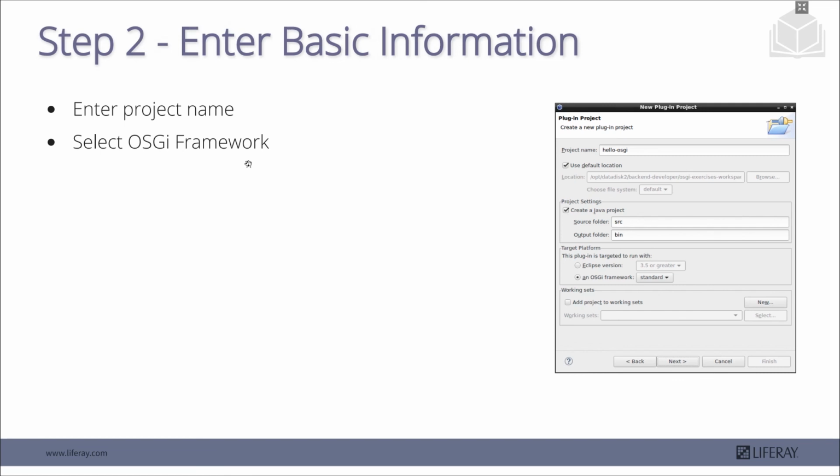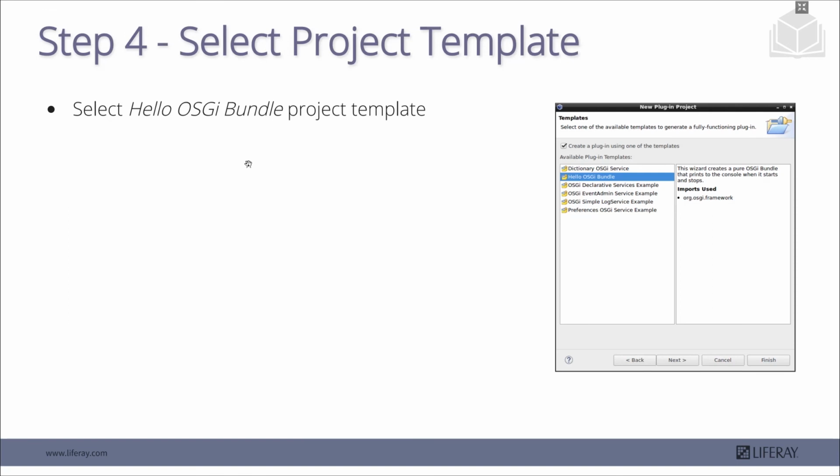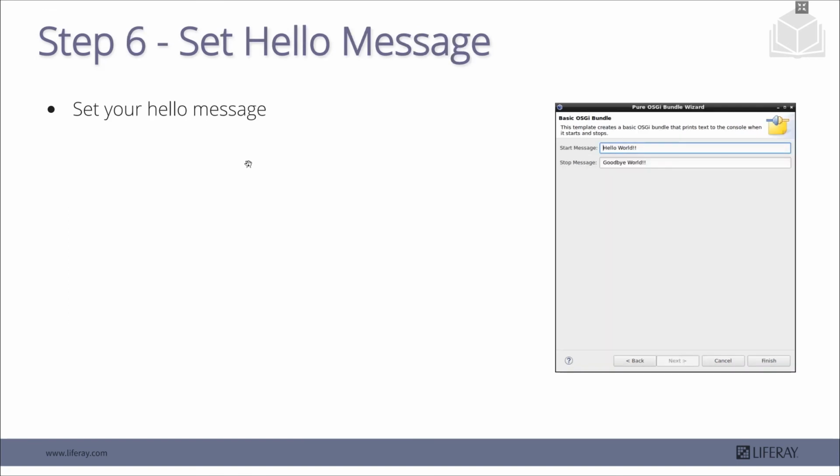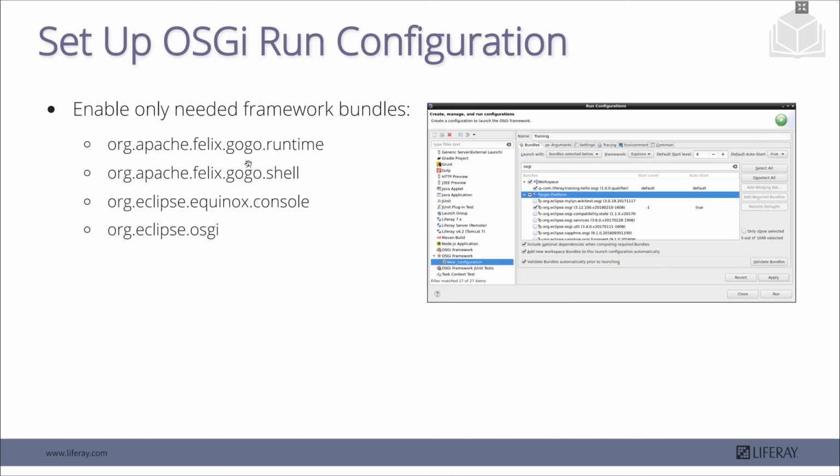So enter some basic info. Step 3, for the OSGi bundle we're creating, enter some info for that. Step 4, pick a template. And then step number 5, set the messages, hello world, as well as goodbye world. And then finally, next step, configure the OSGi runtime. We'll dive into that and take a look at what that looks like.